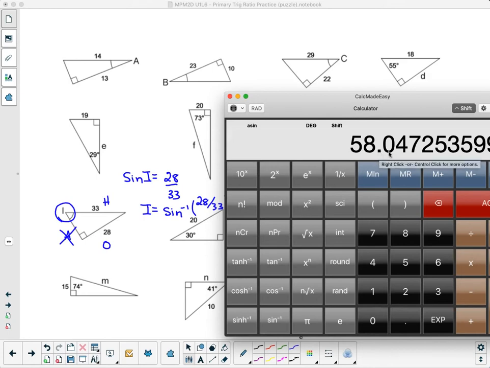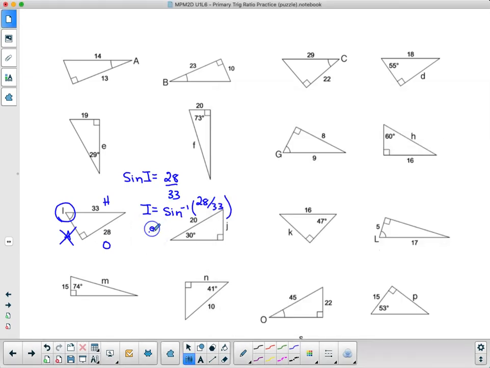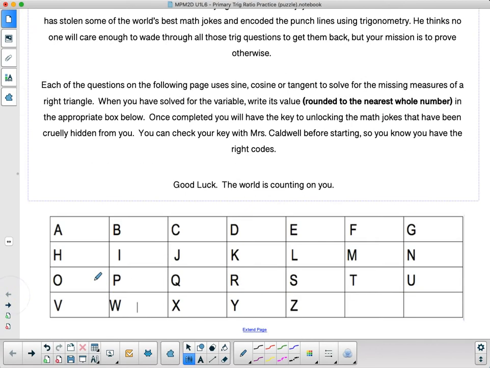So with this one, the next number here is just a 0, so this stays at 58. If this next number here was a 5 or higher, this would round to 59, but it's just a 58. So I is 58. Now what do we do with that when we get it? Well, we're going to go back over here, and for I, we're going to write in a 58.